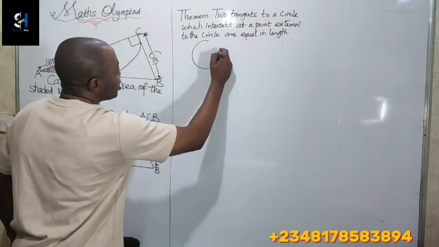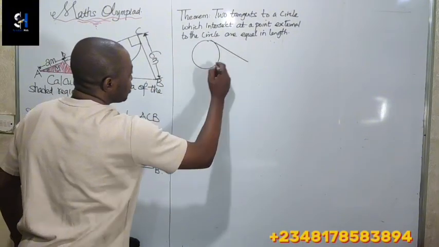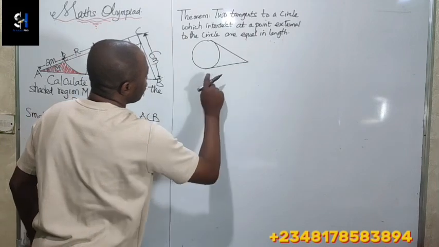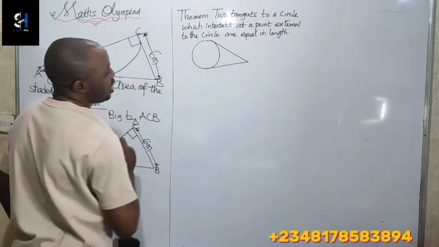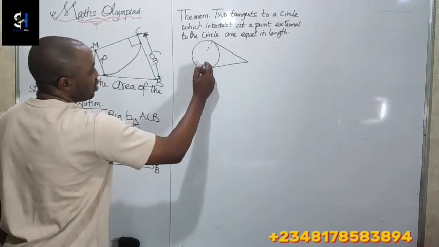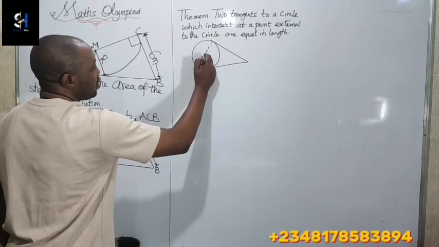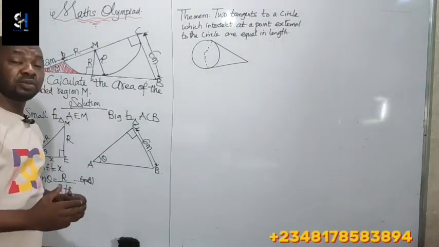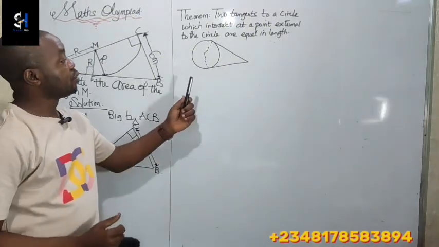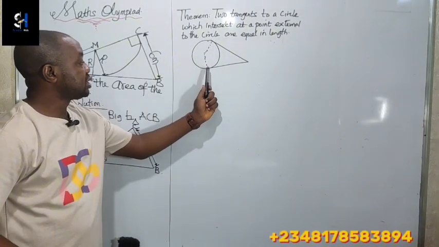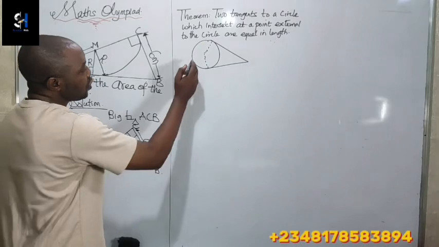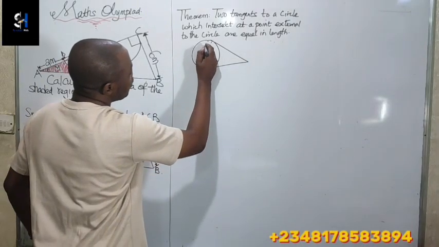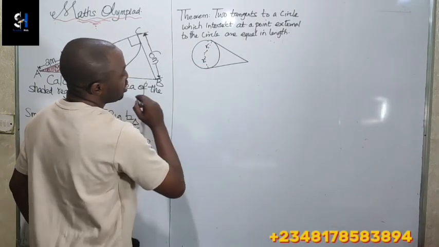So now we have a circle, then we have two tangents to the circle meeting at a point external to the circle. For those of us that know some of the circle theorems, when we join the tangent to the center, this will be a radius. This will also be a radius.